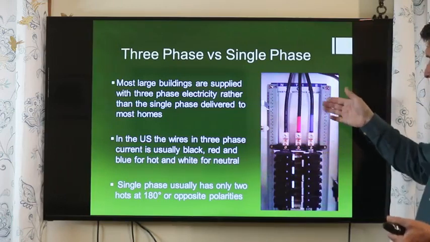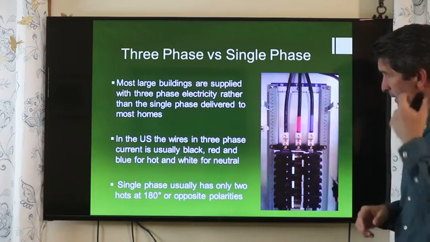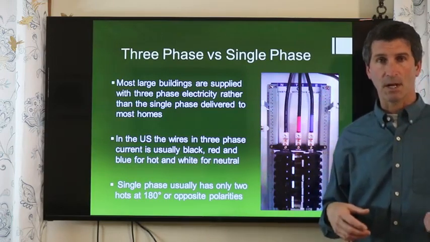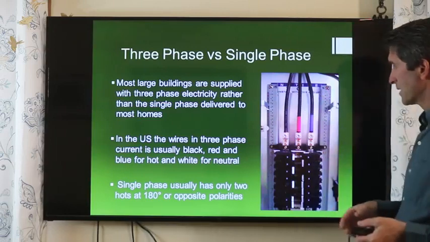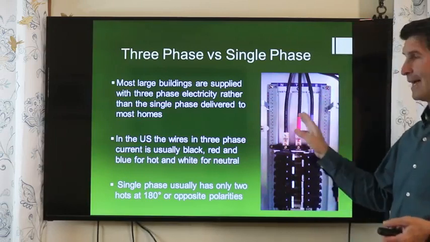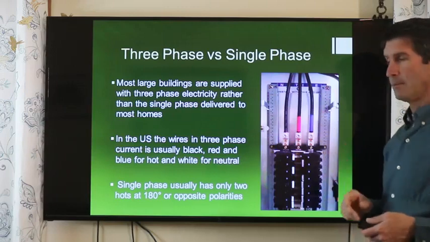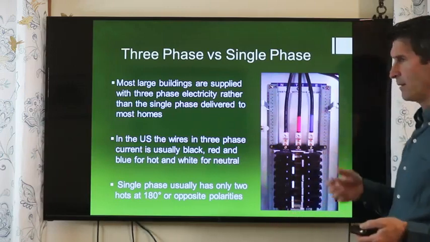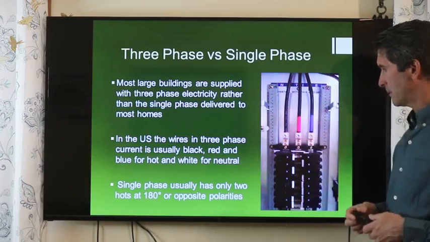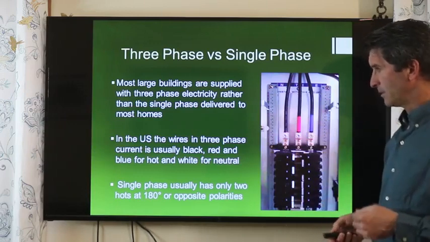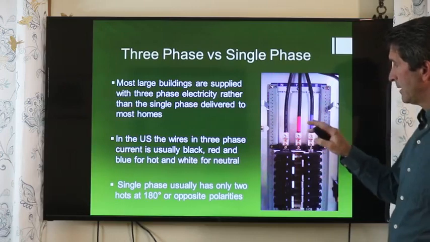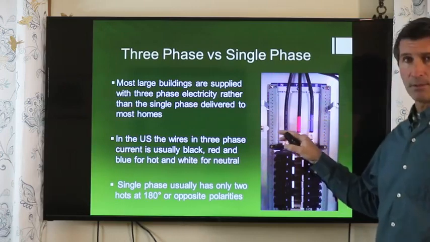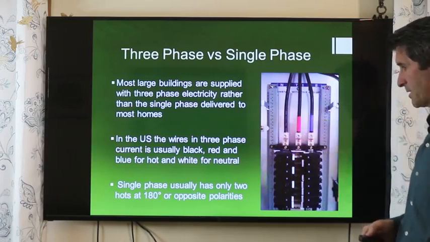To customers who receive all three phases, and at the university, our science building does receive all three phases, they're typically labeled black, red, and blue. Sometimes they'll be green, red, and blue, but here black, red, and blue is usually the color code that we use for the three hot phases coming in.